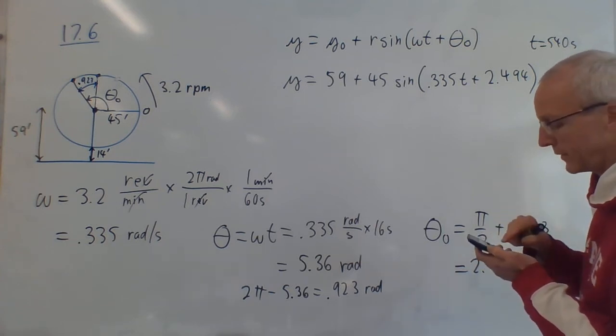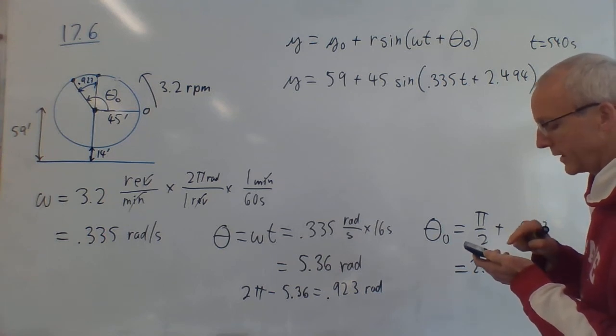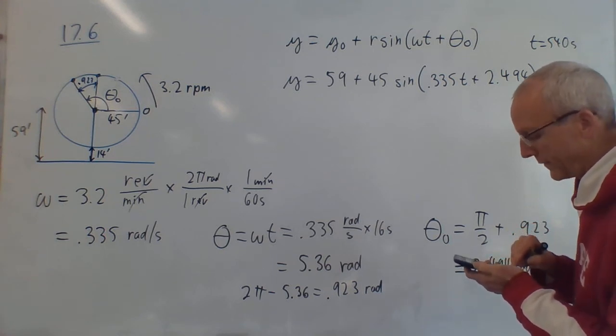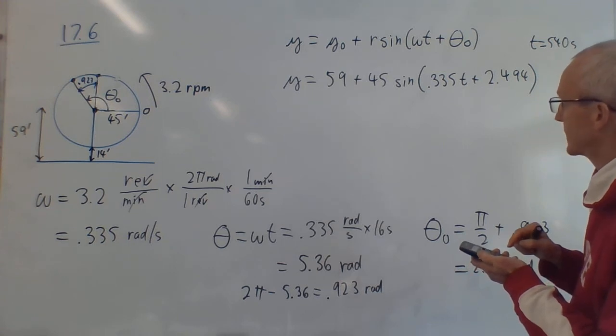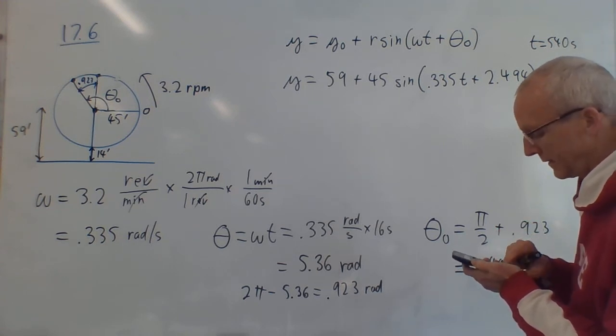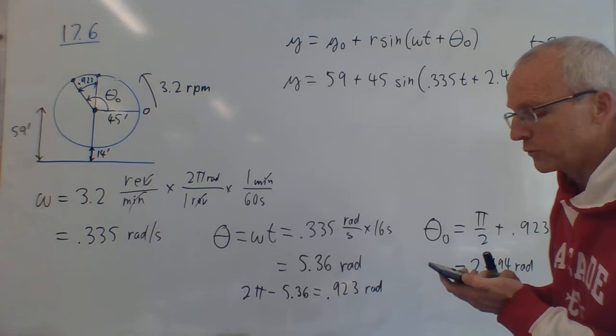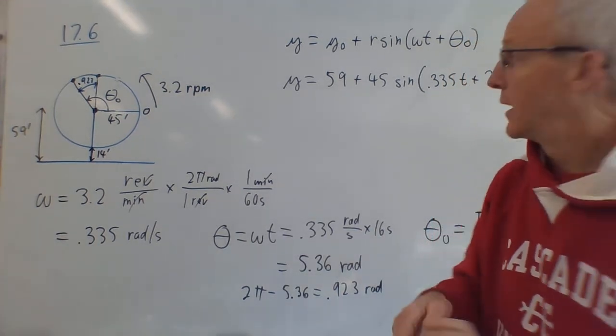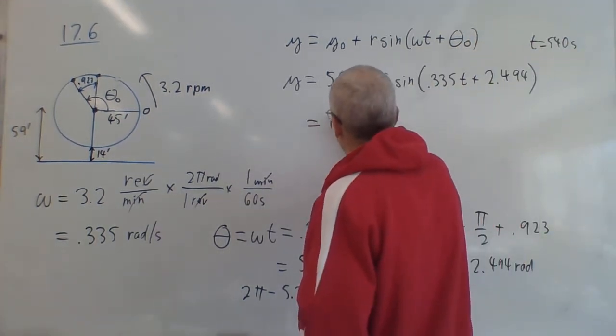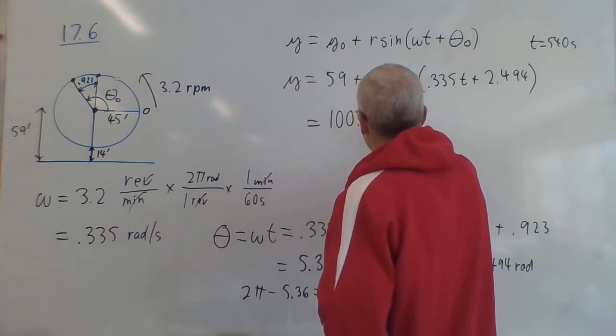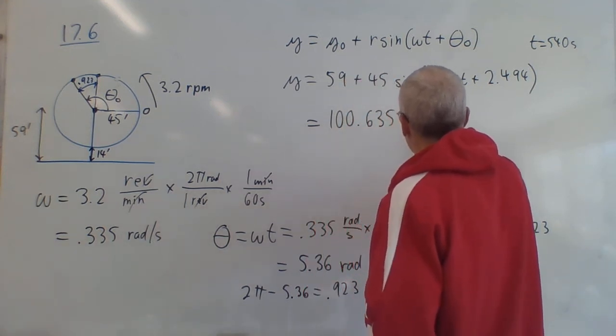Take the sine of it, I'm in radian mode, yep. Multiply it by 45, I get 41.6 whatever, plus 59, and I get 100.635. So she would be 100.635 feet off the ground.